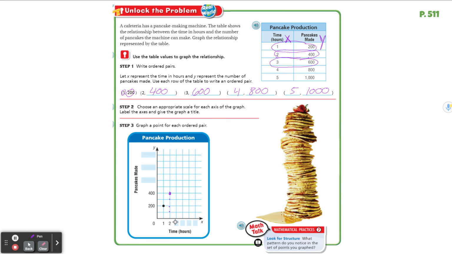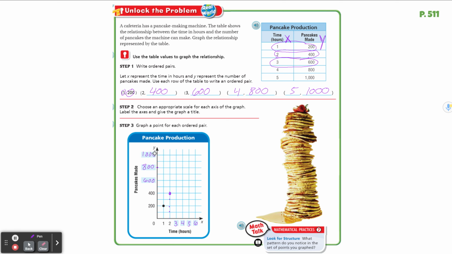So 1, 2, 3, 4, 5, and 6. And now to go up, every 2 is 200. So 1, 2, 200, 1, 2, 400, 1, 2, 600, 1, 2 is 800, and 1, 2 is 1,000.